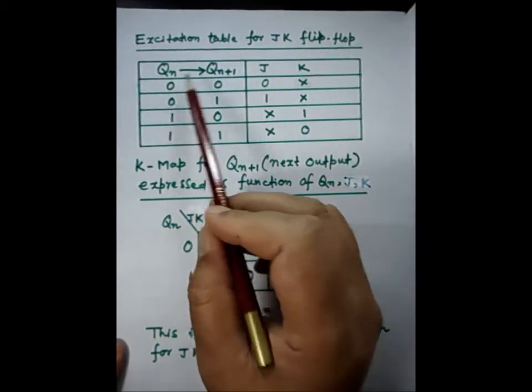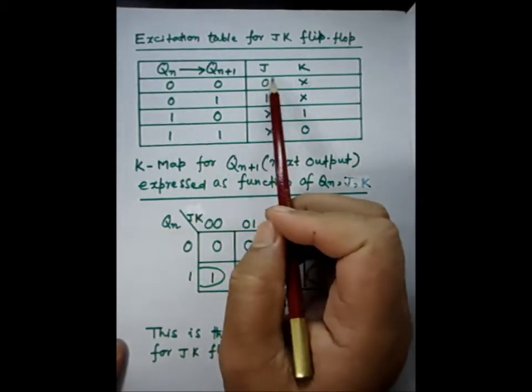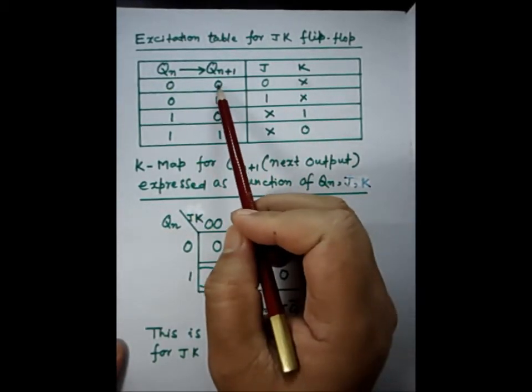In this scenario, Qn 0, j equal to 0, k equal to 0, your next state is 0.